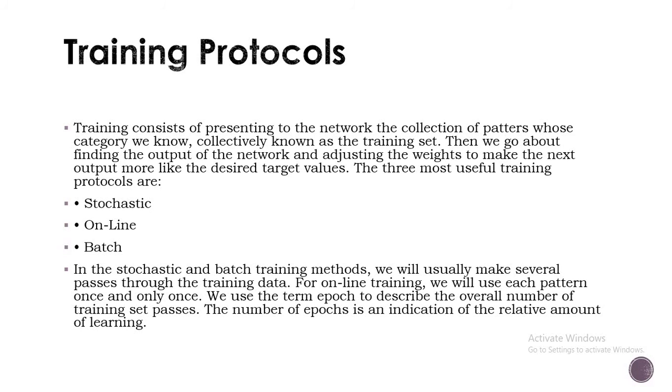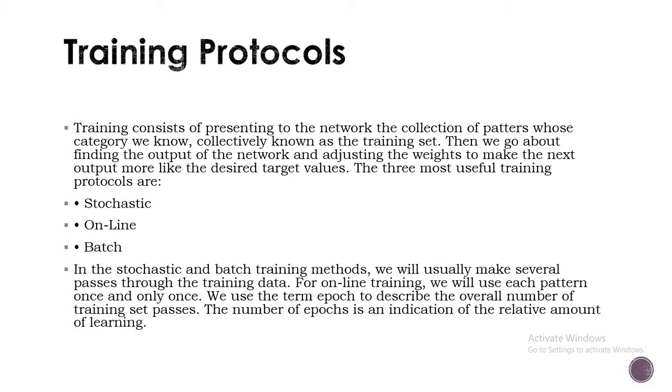There are some training protocols. Training consists of presenting to the network the collection of patterns whose category we know, collectively known as a training set. Then we go about finding the output of the network and adjusting the weights to make the next output more like the desired target values. The 3 most useful training protocols are stochastic, online, and batch.